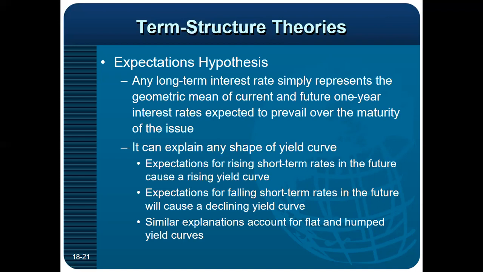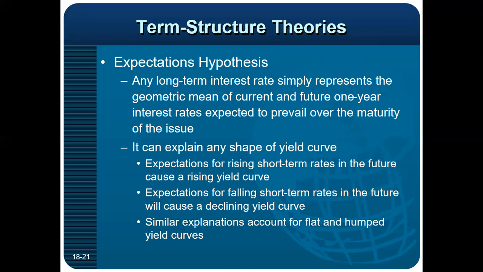So next, we are going to talk about term structure theory. Term structure theory is a theory on the structure of the bond. The first one is the expectations hypothesis.